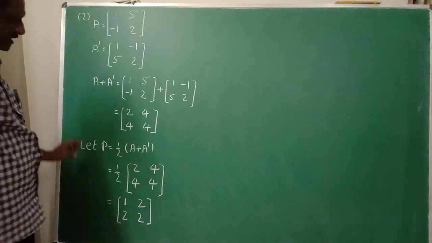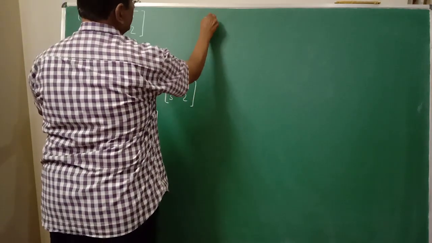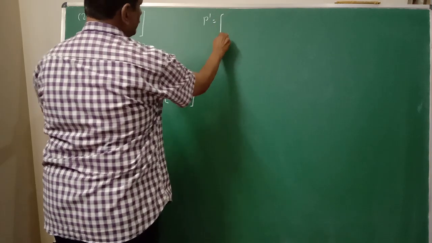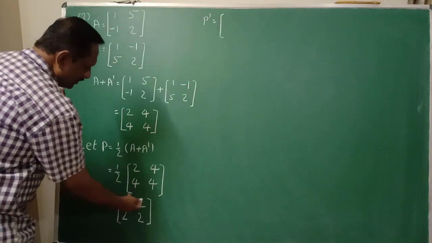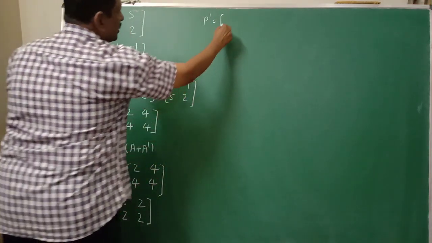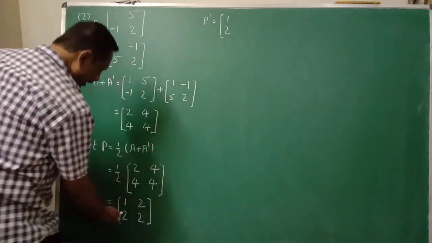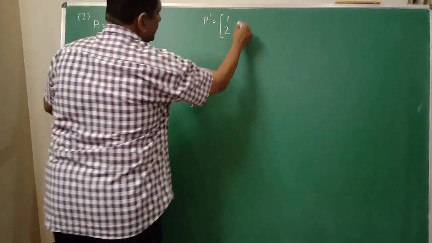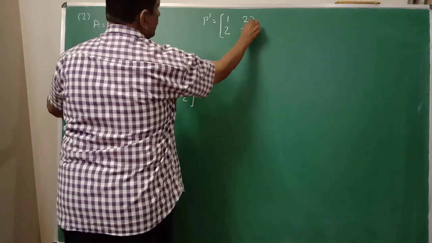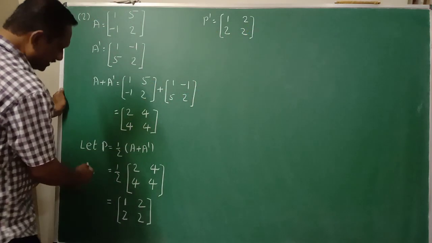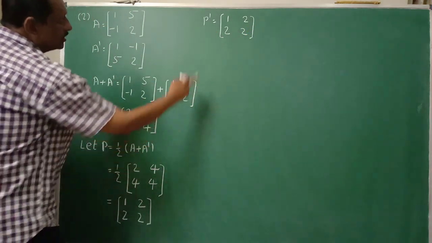Then write its transpose. Hence P dash is equal to 1, 2, the elements in the row written in the column, then 2, 2 in the column. So this is the matrix of P dash and this is the matrix of P. Both are the same.